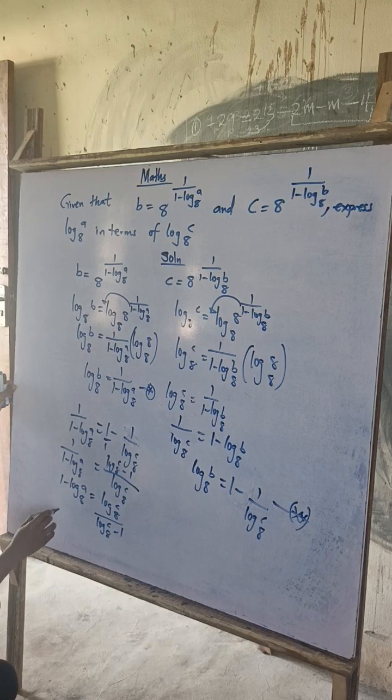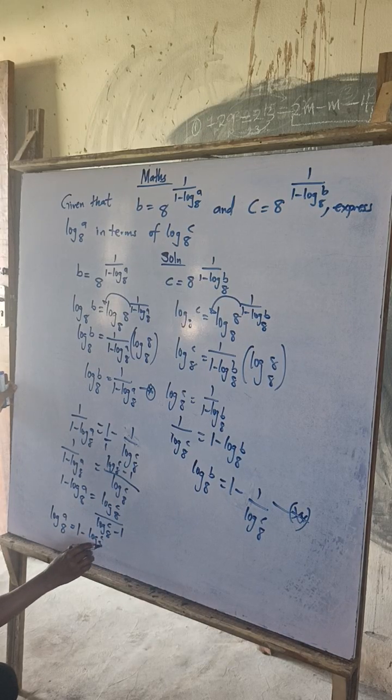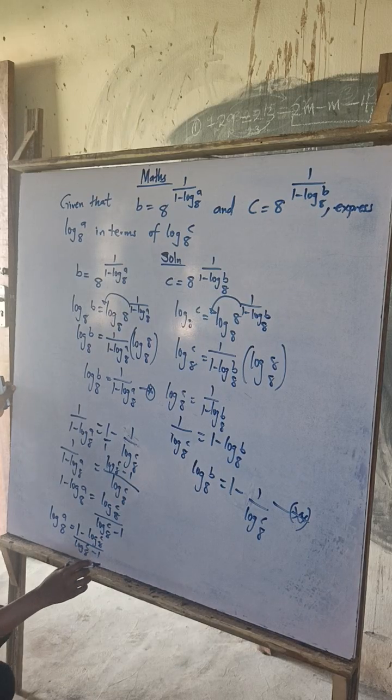The minus changes to plus, and we have log a to base 8 equals 1 minus log c to base 8 divided by log c to base 8 minus 1.